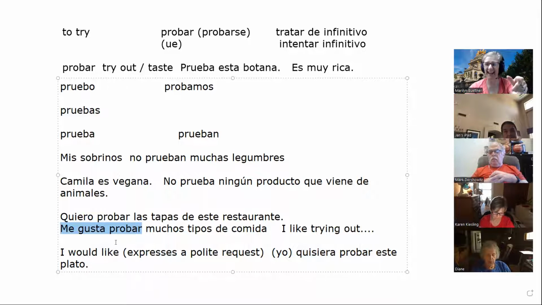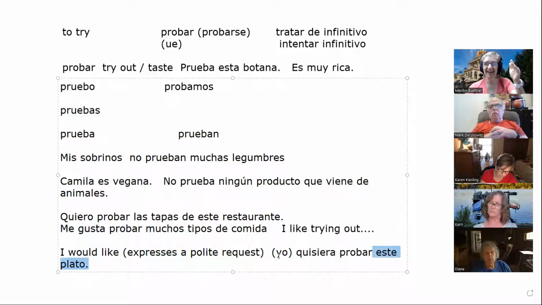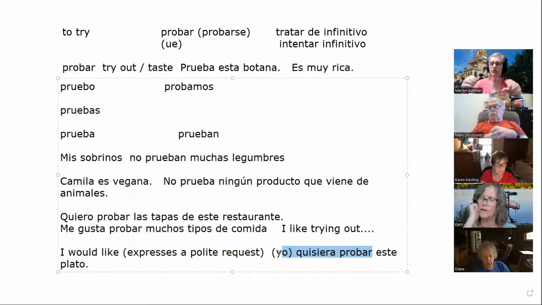What you enjoy. And quisiera with that turns it into a polite request because you're asking somebody to bring something. Bien? Does that make that clear? See? Yes. And you can use probar in any of those combinations depending on what you mean.